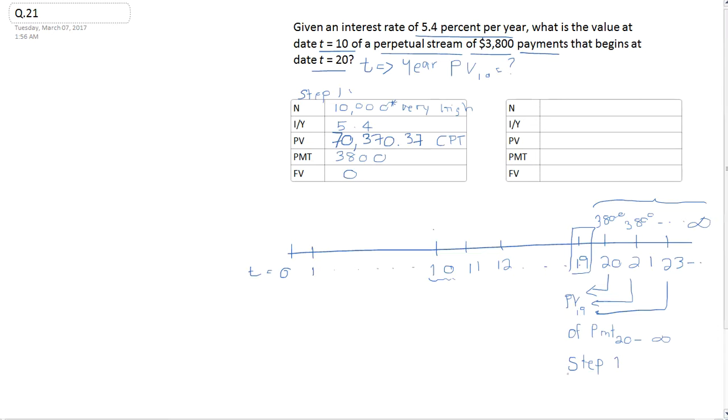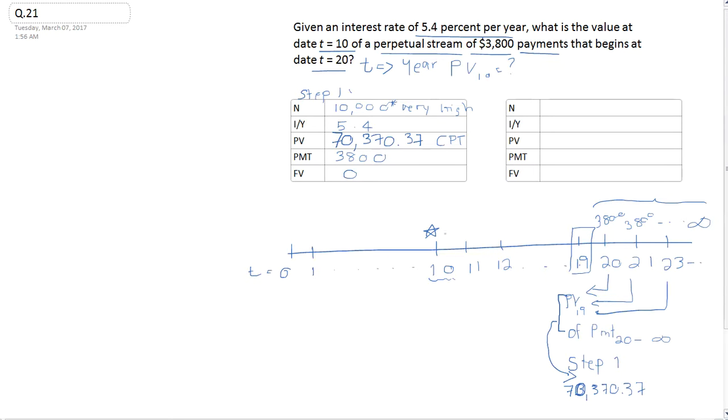Okay, so this is what we got, 70370.37, and then this is the time that we need to find the present value.